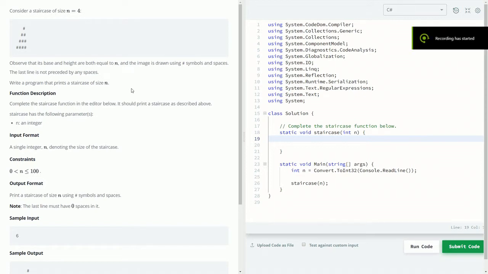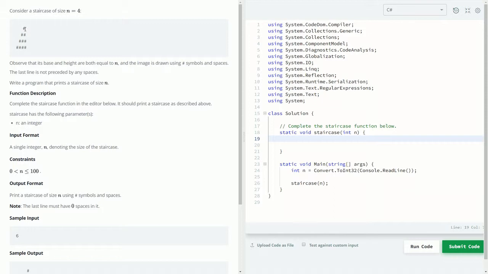Today we're going to be doing the staircase challenge from HackerRank, and we'll be doing it in C#. So to summarize this problem, we are going to be given an integer n, and we're expected to output a staircase to the console that looks like this.